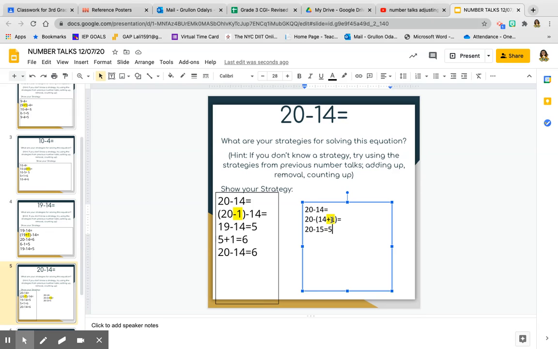I need to add back what I took away. So what I'm going to do is I'm going to add it back. So 5 plus 1 is equal to 6. My original number sentence was 20 minus 14 is equal to 6.